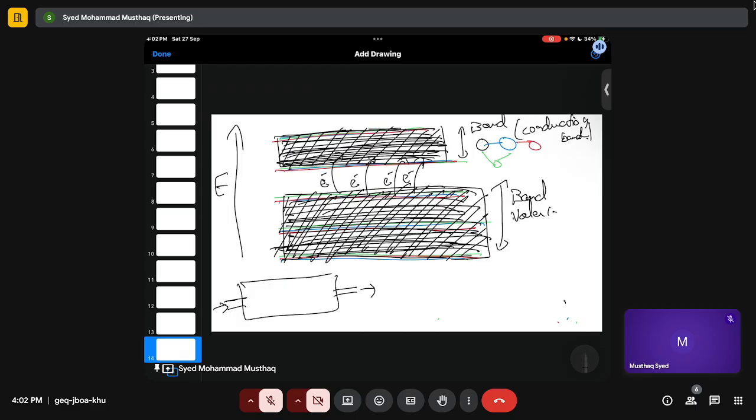You can only go through this. For you to move, if my room is crowded, can you move fast? No. If my room is too crowded, you cannot even enter, right? And the same goes for my electrons: if they are crowded here, they cannot move freely. And if my room is totally empty, then electrons can move freely from here to here.